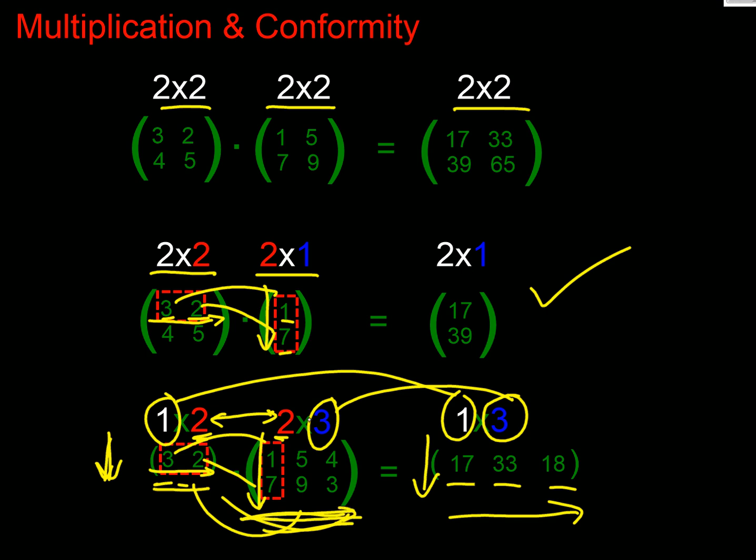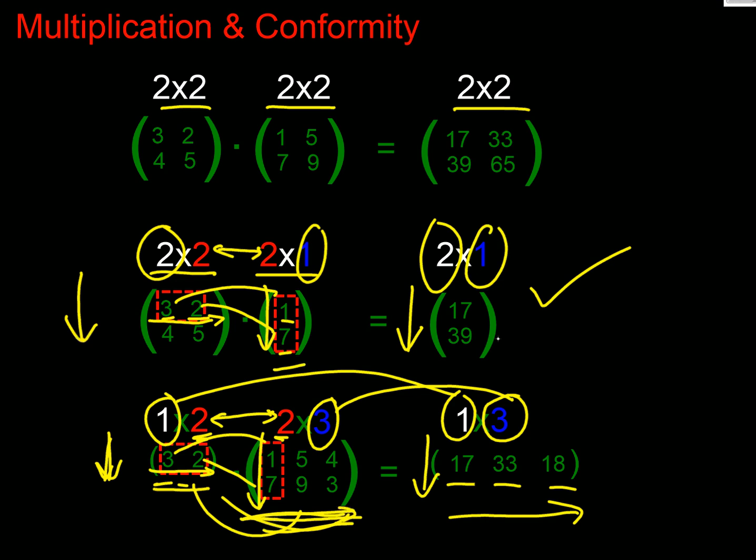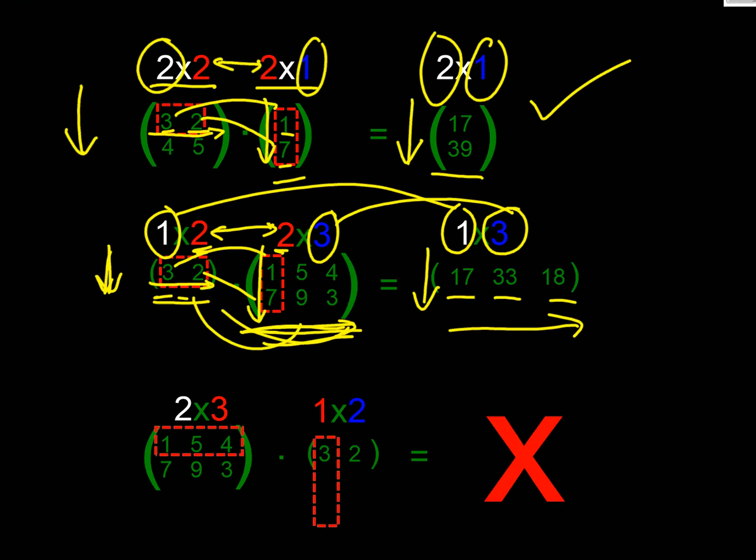The fact it was a 2 and a 2 made it possible in exactly the same way as the 2 and the 2 in the example up here. And then the 2 here, because we had 2 columns in our matrix, gives us our 2 columns in our resultant vector, and the fact we've got only 1 column in our vector here gives us our 1 column here in this final vector. So that's how things must match up for us to be able to do multiplication.